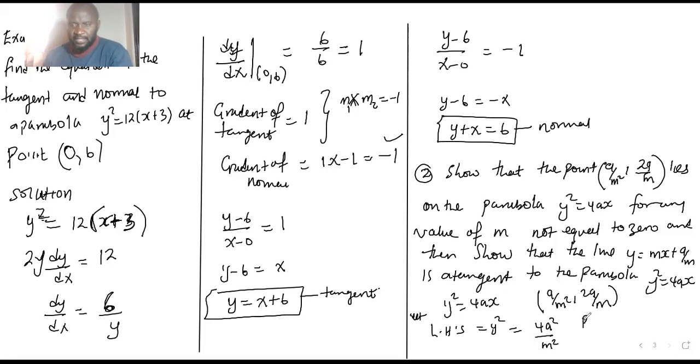Then the right-hand side is 4ax, which is going to be equal to 4a times a over m squared. They are the same. Hence, the point lies on the parabola. So you just need to confirm that condition, that actually it satisfies.